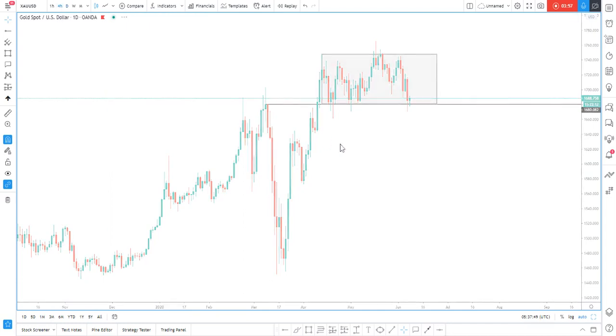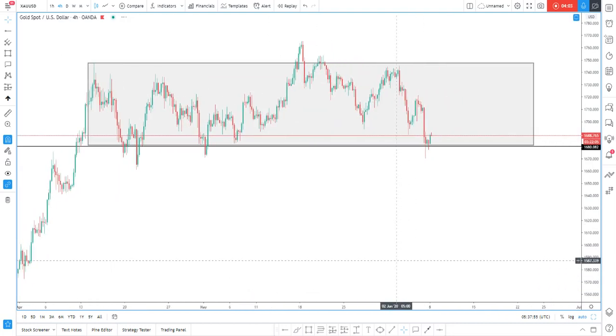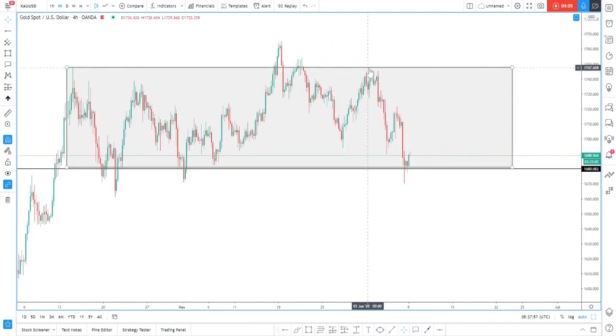So to the 4 hour time frame. Dealing with current market structure, we can see there is a trend to the downside in this area. I'll mark out this trend.